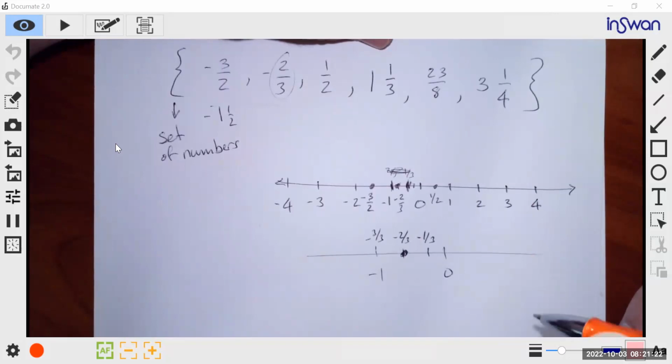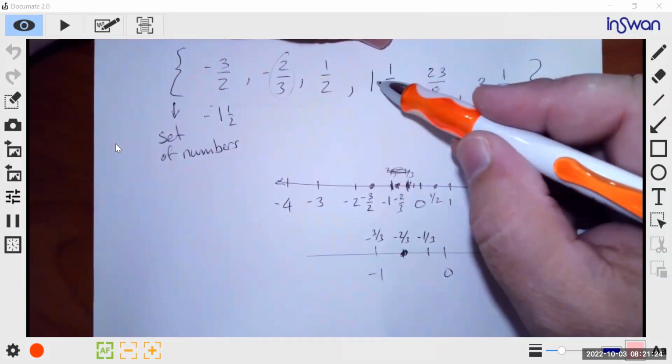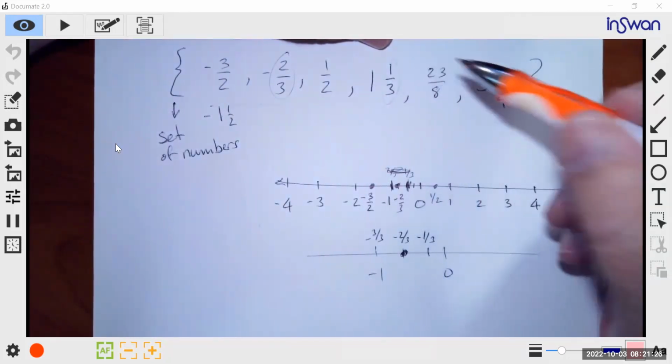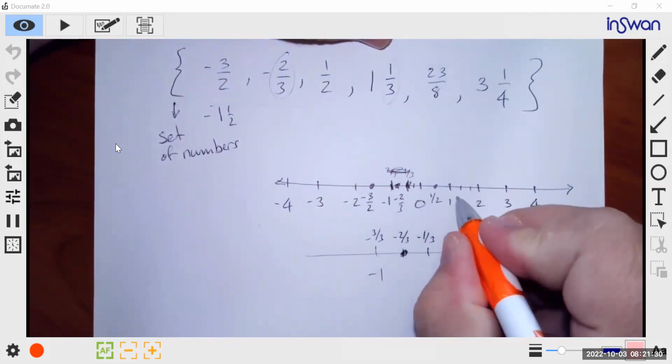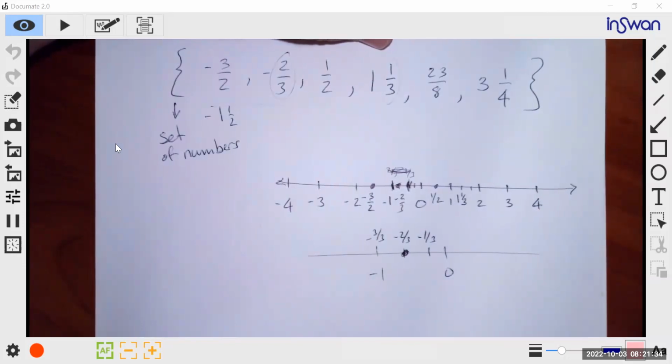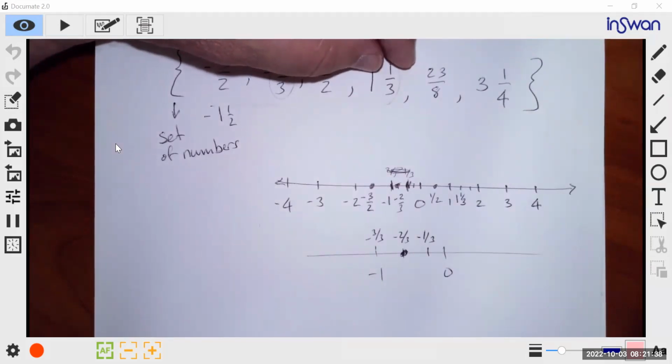The next one, 1 1/3. It's bigger than 1. It's 1/3 bigger than 1. Again, we split these up into 3 parts. So this is 1 1/3. 23/8. How many times does 8 go into 23? 2 times.